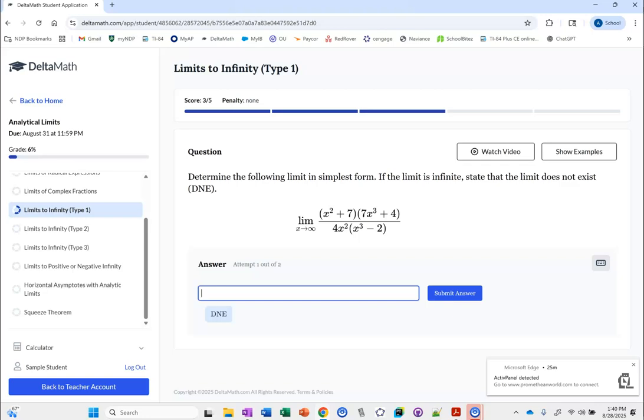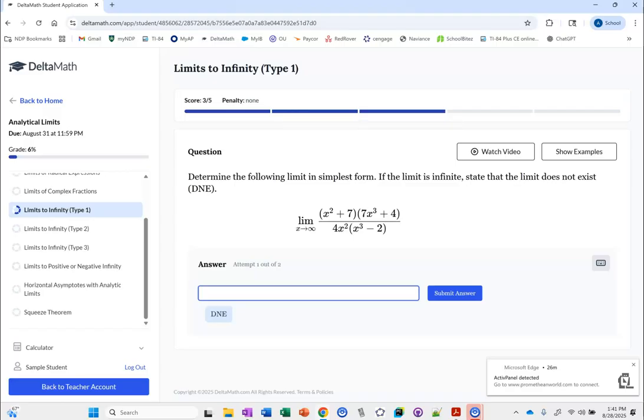But, on a test or something, when you see a limit that approaches negative infinity, does the sign make any difference? The only place where it could possibly make a difference is when you have bigger on top. It doesn't make any difference with bigger on bottom than on top, or when they're the same.